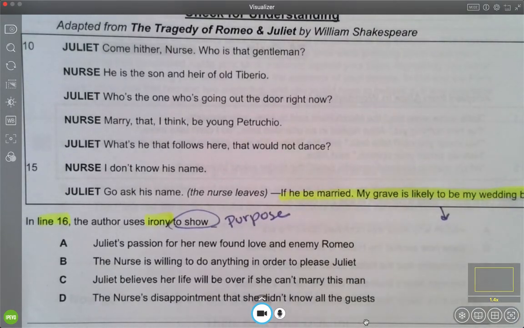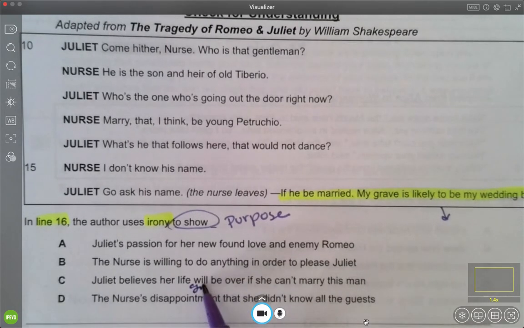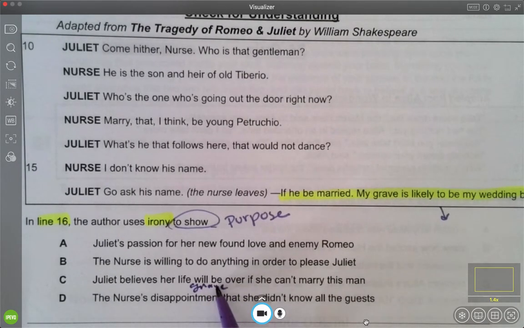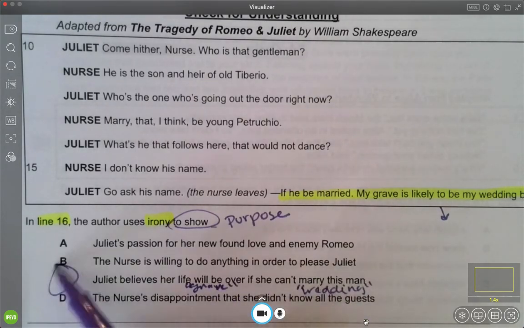So the answer would be that Juliet believes her life will be over, that idea of the grave, if she can't marry this man, the idea of the wedding. So those are 2 pieces of text evidence that can prove my answer.